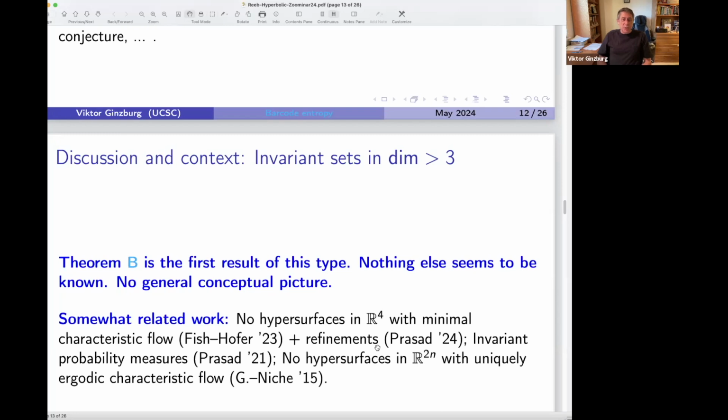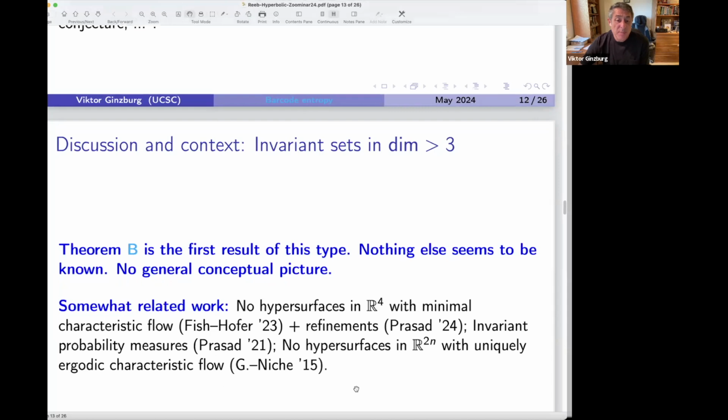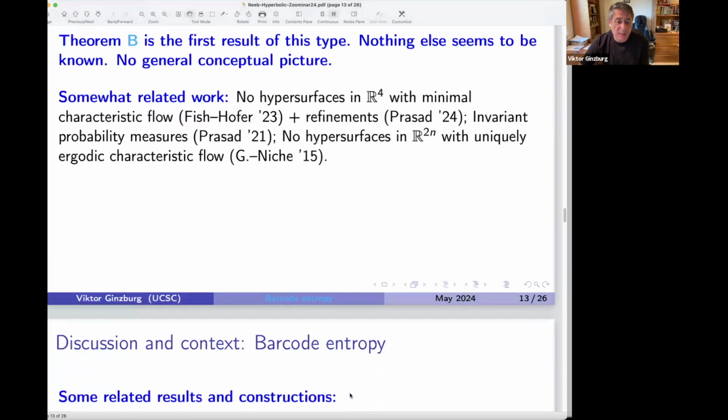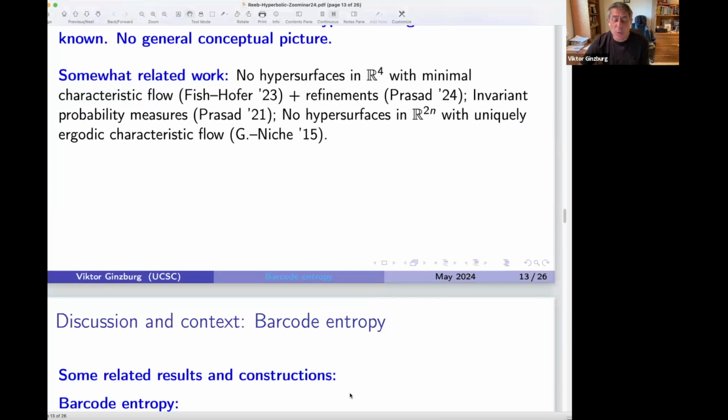In higher dimensions, there is a work by Prasad on probability measures, and by myself and Nietzsche, that in all dimensions there are no uniquely ergodic hypersurfaces in R2n, but these are results of a different type. So essentially, Theorem B, I think, is the first of its kind, in spite of all the very strong assumptions we need to make in that theorem.